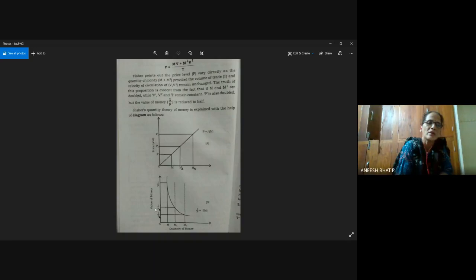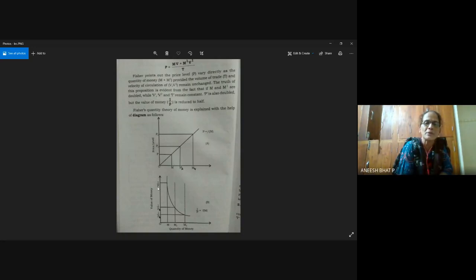So in the beginning, let us imagine supply of money is OM. What happens to the value of money? When supply of money is OM, value of money is 1 by P.